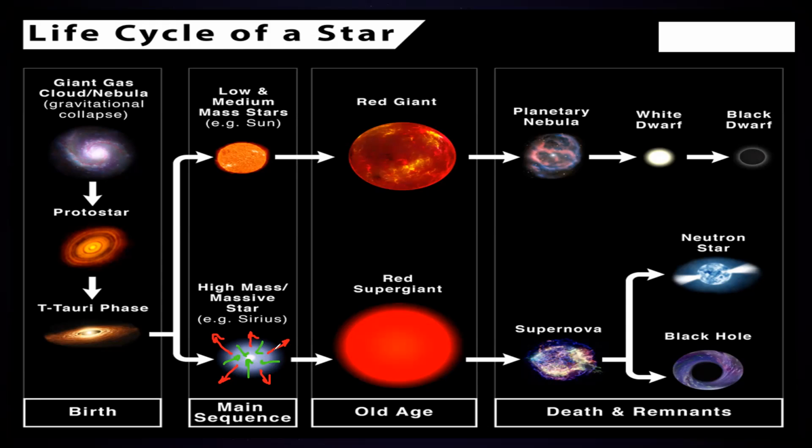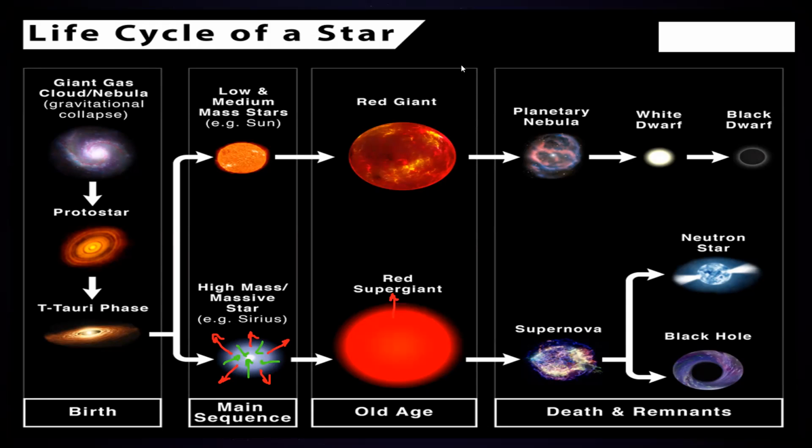Once the hydrogen is used up, the star starts to collapse and its size decreases. That causes the temperature to increase. Hydrogen fusion now turns to helium fusion or other heavy element fusion, which again creates an outward pressure.